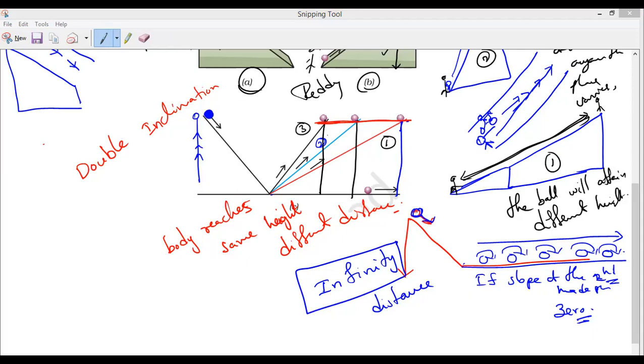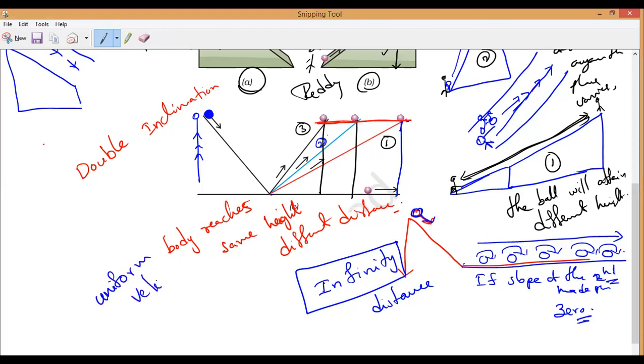If external force is zero, a body at rest continues to be at rest, and a body in motion continues to be in motion with what velocity? With uniform velocity. So unless external force is applied, I kept one body at rest and never pushed it. Is it possible to move the body?